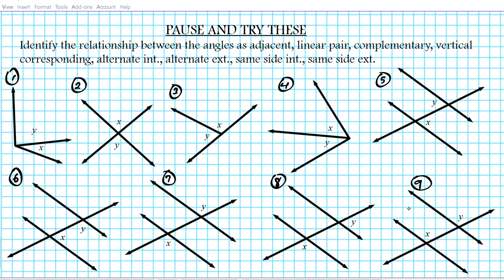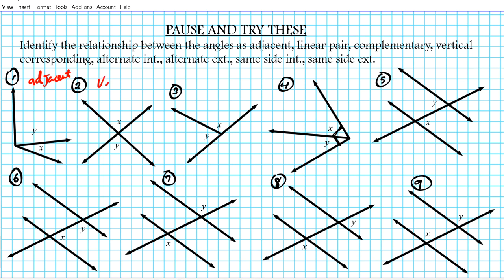Alrighty, welcome back. Hopefully you had a chance to try out these problems. Oh, there's something that was missing here. For number 4, there's supposed to be a box right here to help you out with that. Sorry about that. Okay, number 1 is adjacent angles.